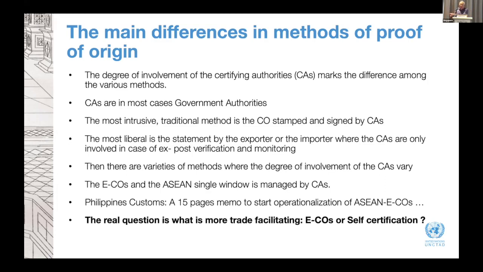If you look at the CPTPP, it is not ECOs, but self-declaration, an importer or exporter-based declaration. The point is that we need an indication from the firms on what is best: which form of self-declaration, or are ECOs best? I think the firms are best placed to provide inputs to this question.